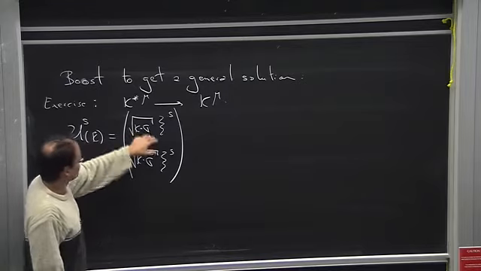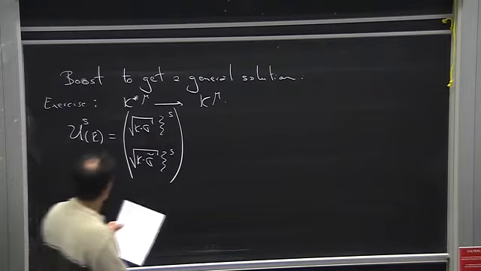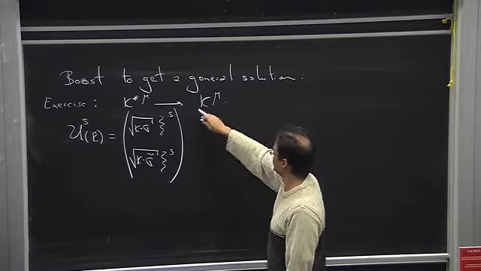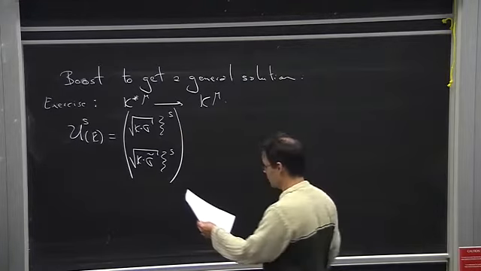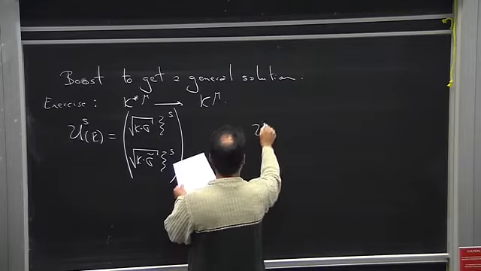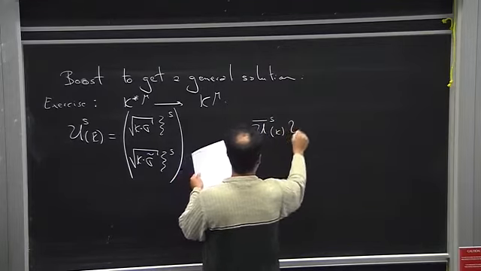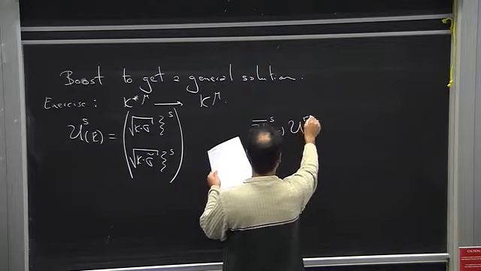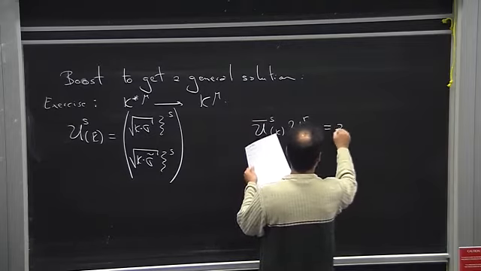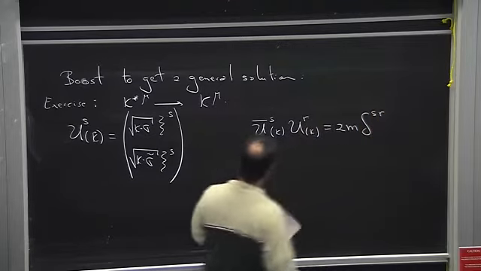Now, part of the exercise not only is to show that under the boost you get this, but also that these objects have a nice normalization condition. When you take this, you get 2 times the mass times SR.